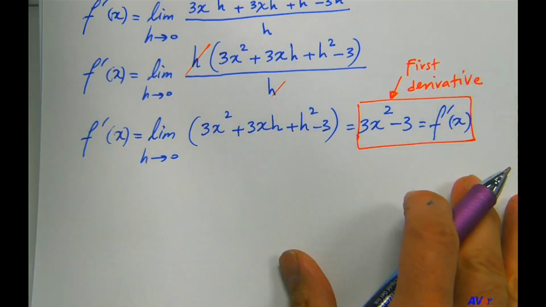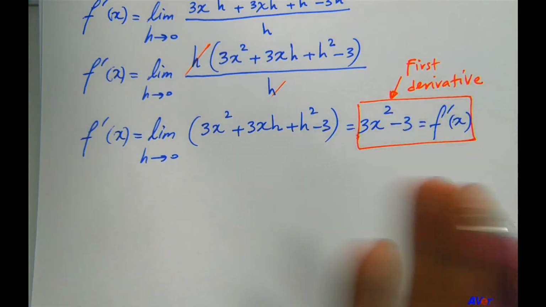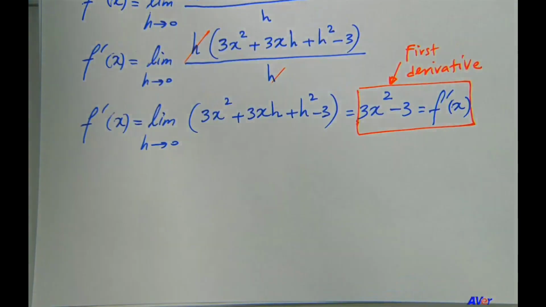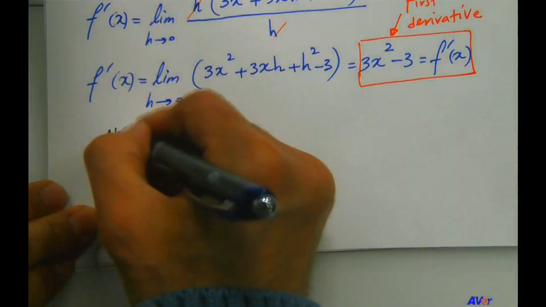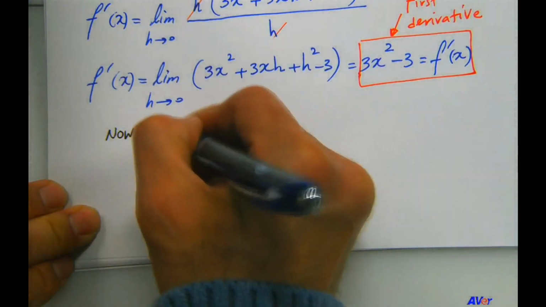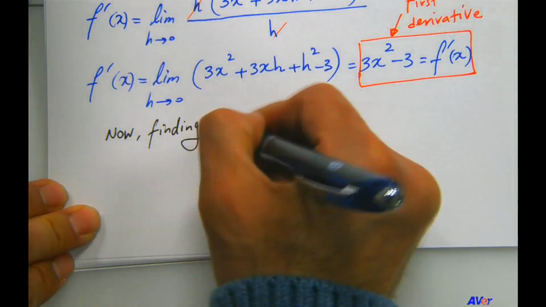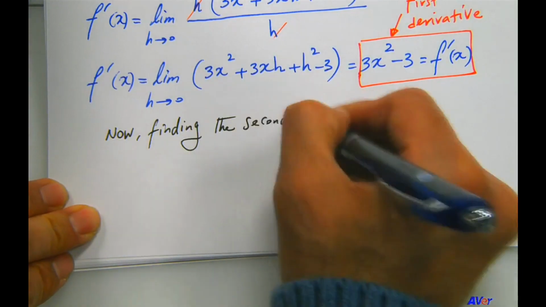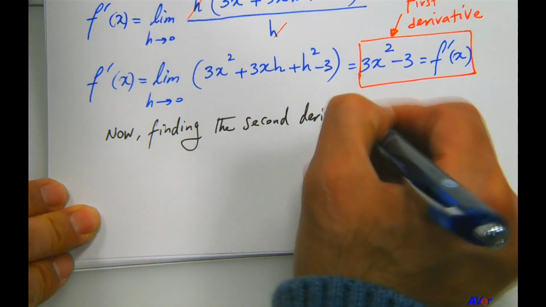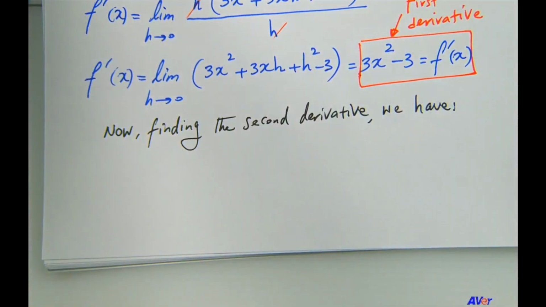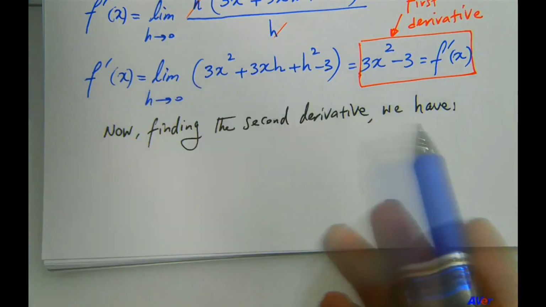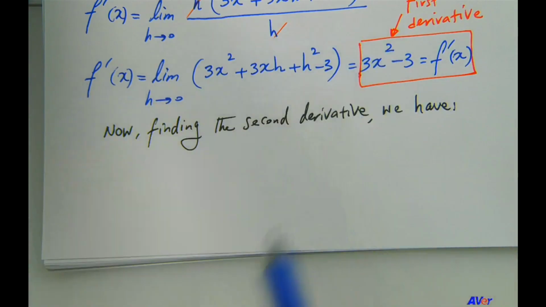Okay. All right. So we're asked to find the second derivative. Let's do that. We repeat the same process that we did with the definition of the derivative, this time with this function, not with the original function.